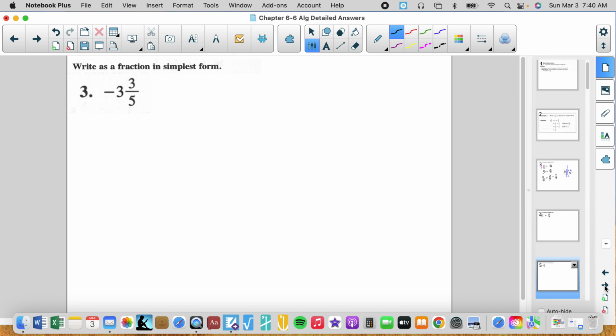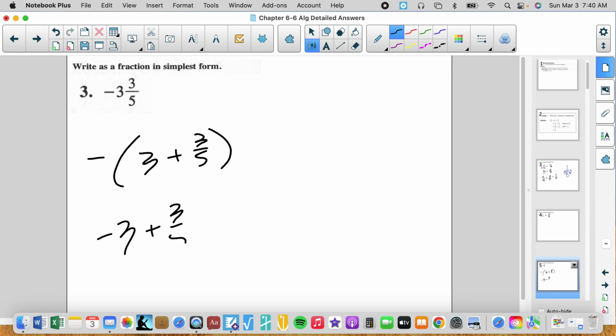So if we saw this, this is the problem, is you have negative 3 plus 3/5. Unfortunately, a lot of students would do this. What's wrong with that? Well, that says that part is negative, but this part is positive. That's incorrect. It needs to be stated in this fact. Remember, numbers have two things.